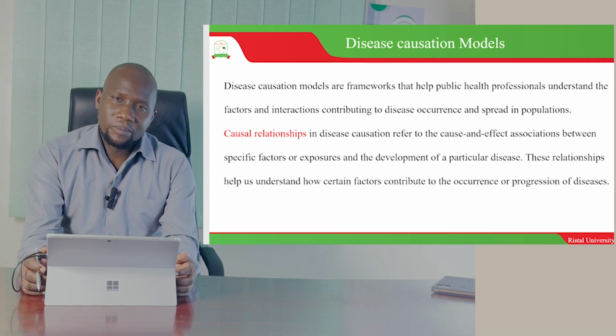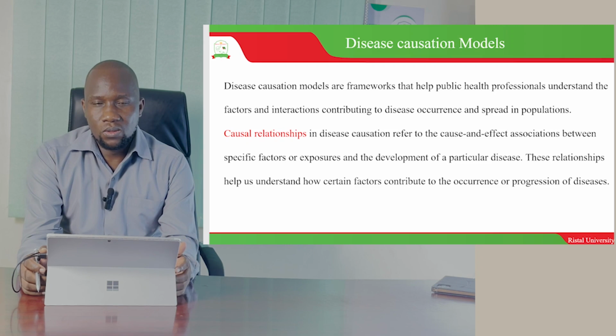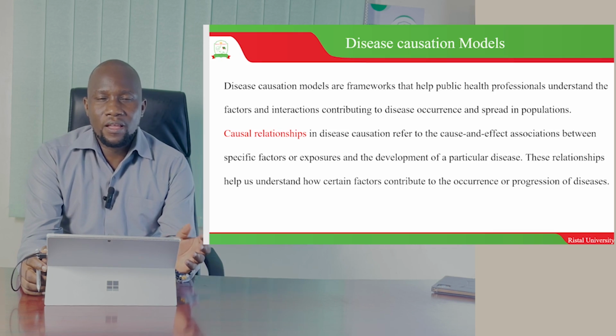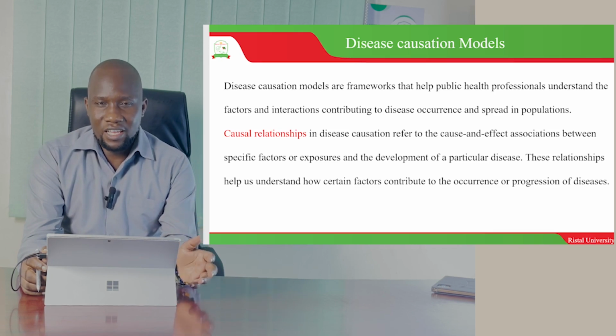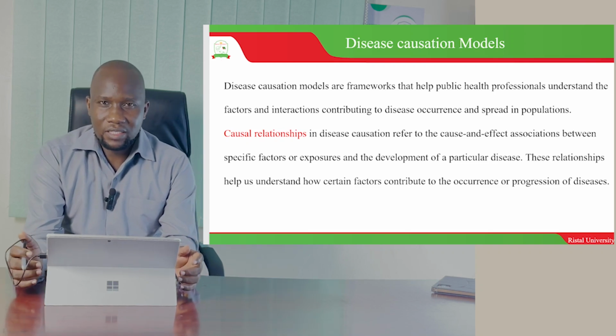And then, before we look at all these different models, we want to first understand what we call causal relationships. Okay? With this, it's basically the understanding that there should be an event A for a disease B to happen.